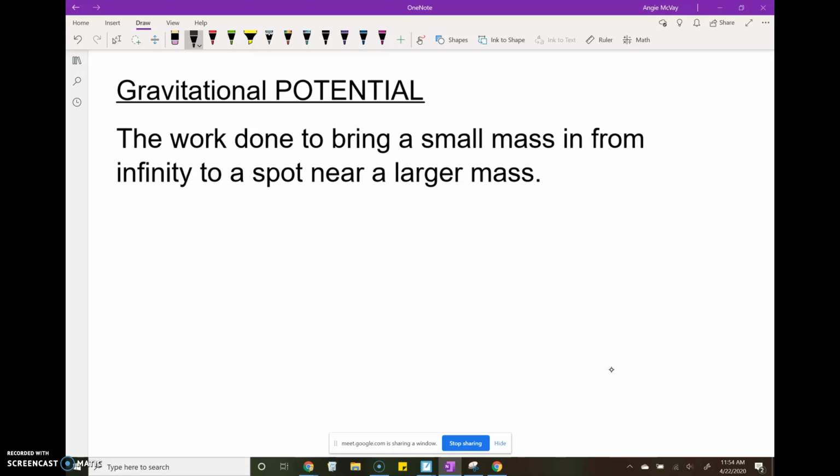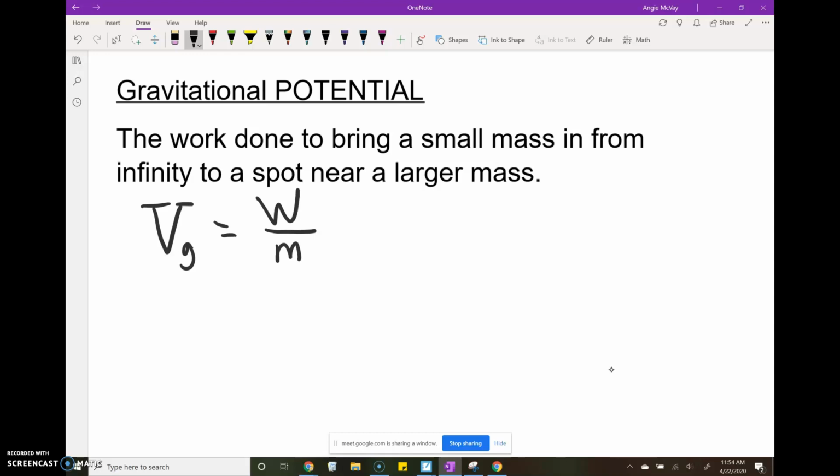So I need to introduce this idea of gravitational potential for comparison to electric potential, if that makes any sense at all. So gravitational potential, which we'll abbreviate as capital V with a little g subscript, is a ratio of the work done per kilogram of mass.